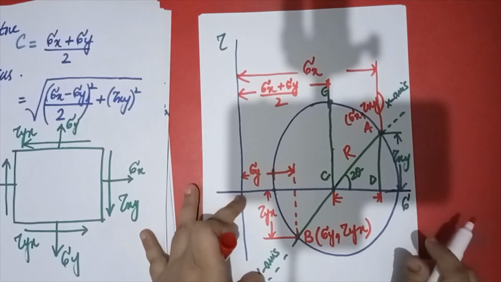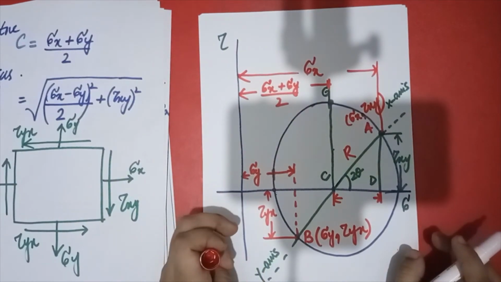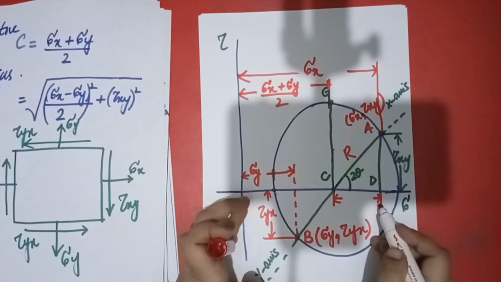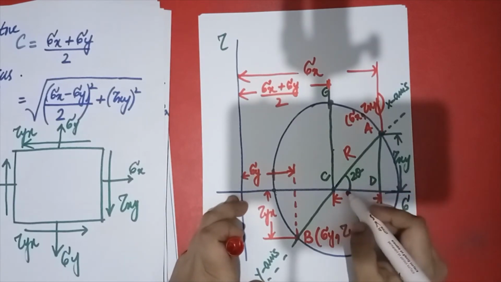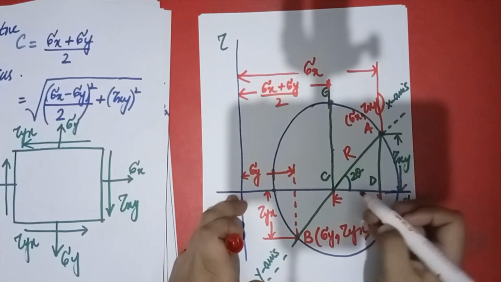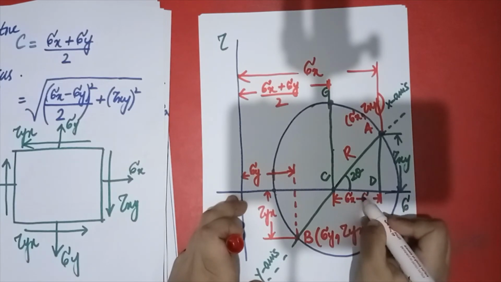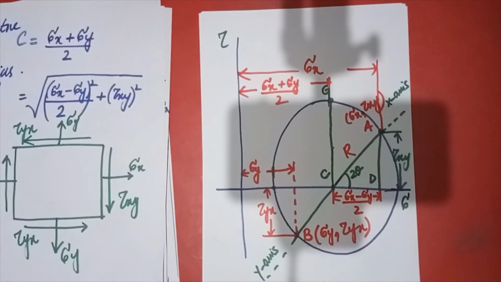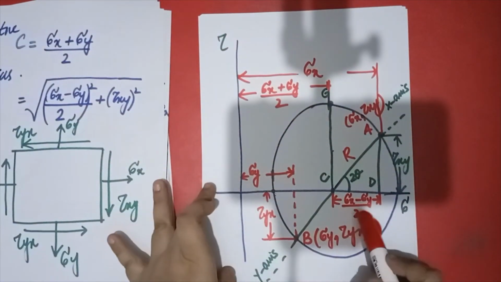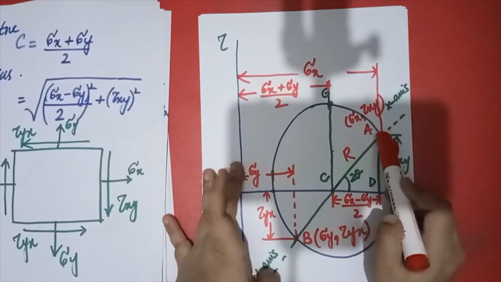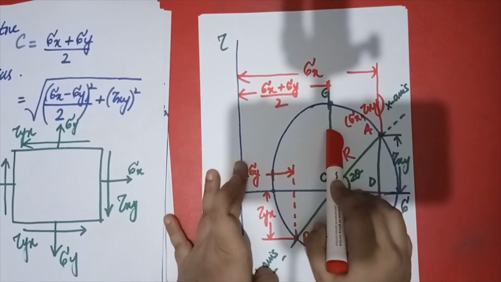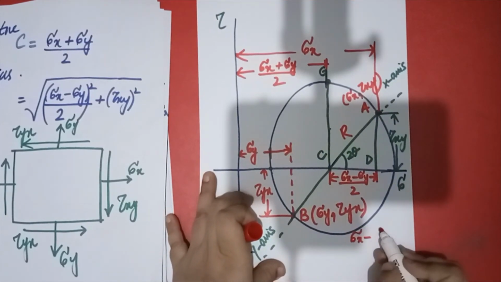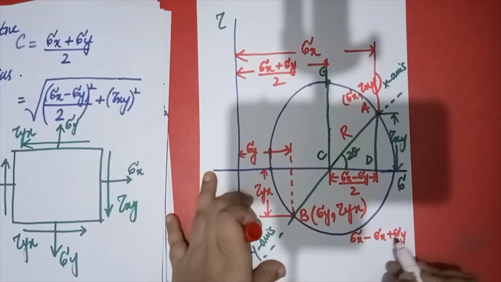So what we have to do here, we have to sort out whether this is total sigma x. So this is r, and this is tau xy. What we have to write down is sigma x minus sigma y divided by 2. So this is the way you can do it. For this, because this is sigma x and this is sigma x plus sigma y divided by 2, you will write sigma x minus sigma x plus sigma y divided by 2.